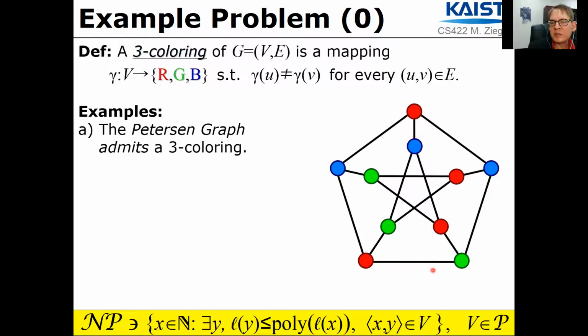And what you see here is precisely such a three coloring. You see every vertex here of the Petersen graph is colored in one of these three colors, red, green, blue. And also you observe that no edge is monochromatic. The endpoints of any two vertices that are on the same edge have a different color, right?